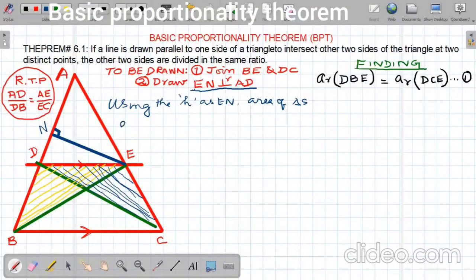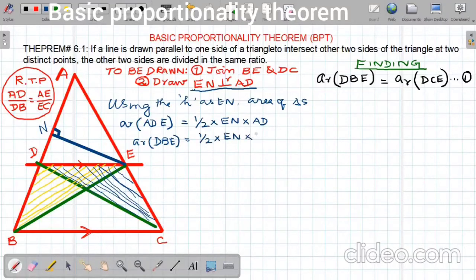First ADE: area of ADE is equal to half into EN into AD. Then the area of triangle DBE is equal to half into EN into DB.